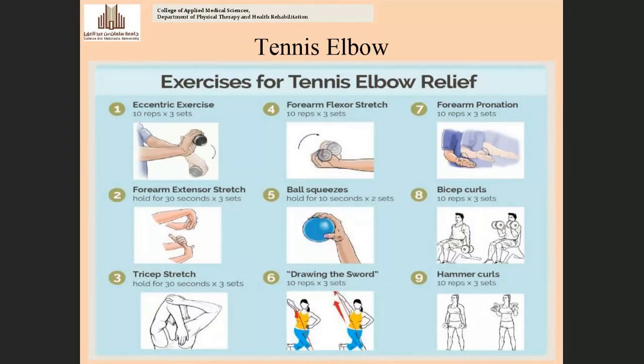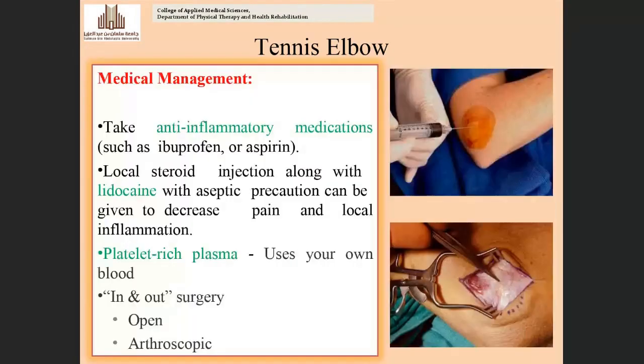Apart from that, there are some simple exercises which will be advised to the patient to maintain, prevent, or protect from further injuries or recurrent issues. So we should teach eccentric exercises for the wrist extensor muscles, and give stretches for the forearm flexor muscles, forearm pronation strengthening exercises, forearm extensor stretch exercises, squeezing of a ball, and simple free movements for the biceps and triceps, drawing the sword, and hammer curls, right?